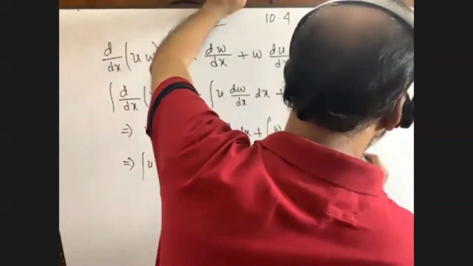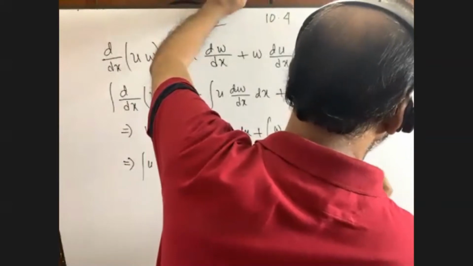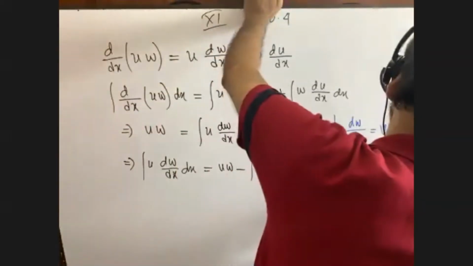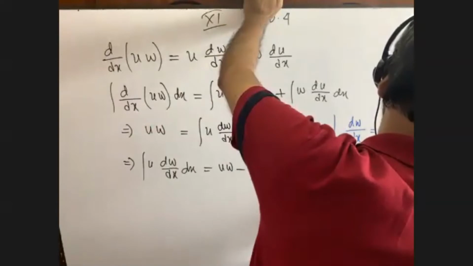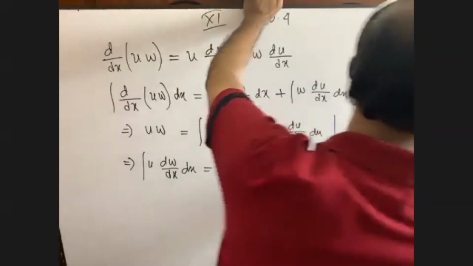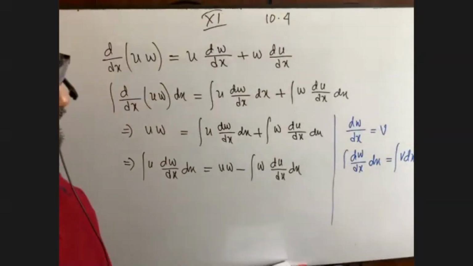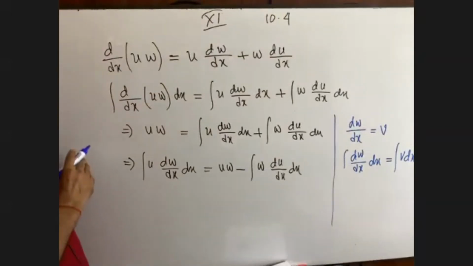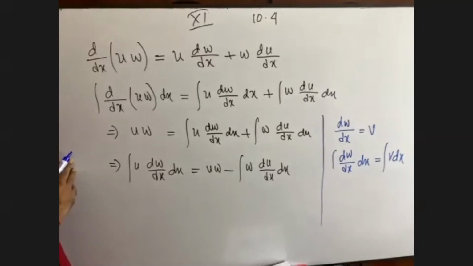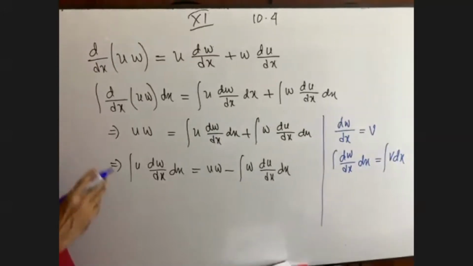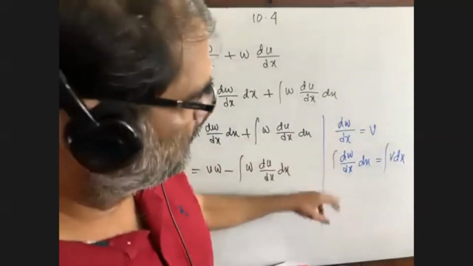Integration sign dw by dx dx. Then what will we get here? We will get integration sign v dx. Please try to understand. Integration sign v dx. Have you got it? We are going to integrate again.